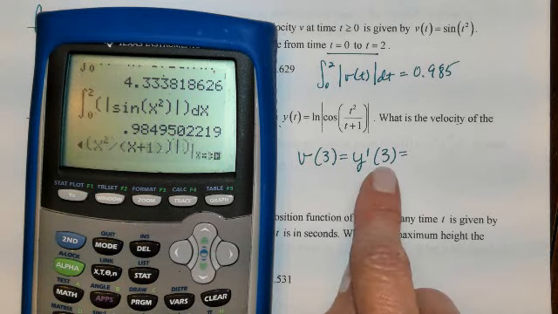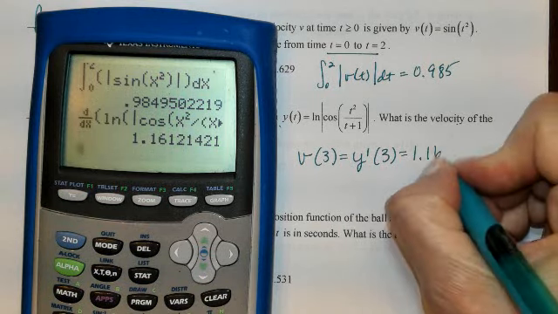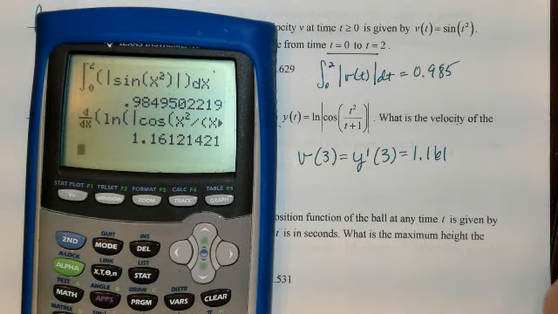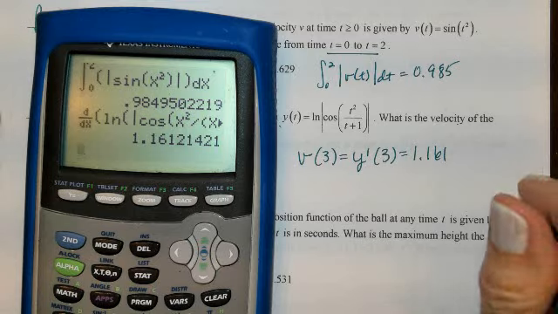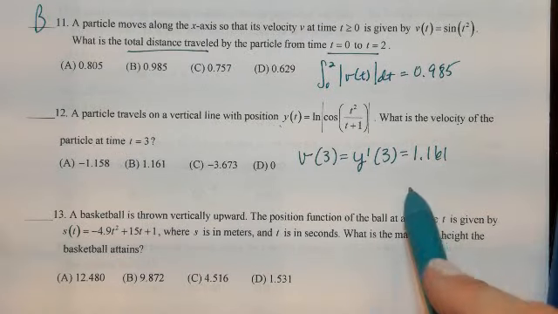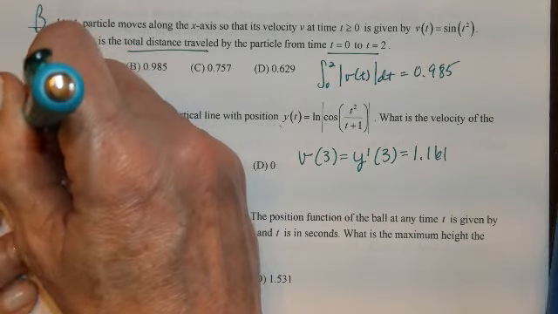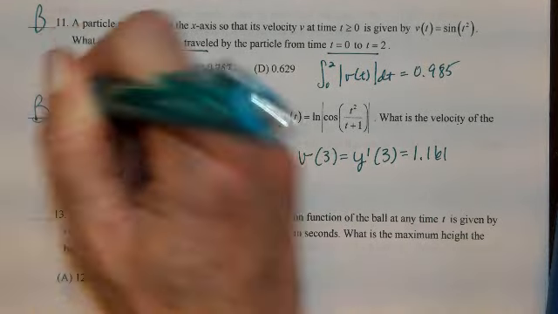And I want to evaluate this derivative at time 3. So 1.161. One bad thing about these calculator dependent problems is that it's super easy to put something wrong into your calculator, so you need to be careful doing it. If you have time later, go back and punch it in again. So another B, 3 B's in a row here.